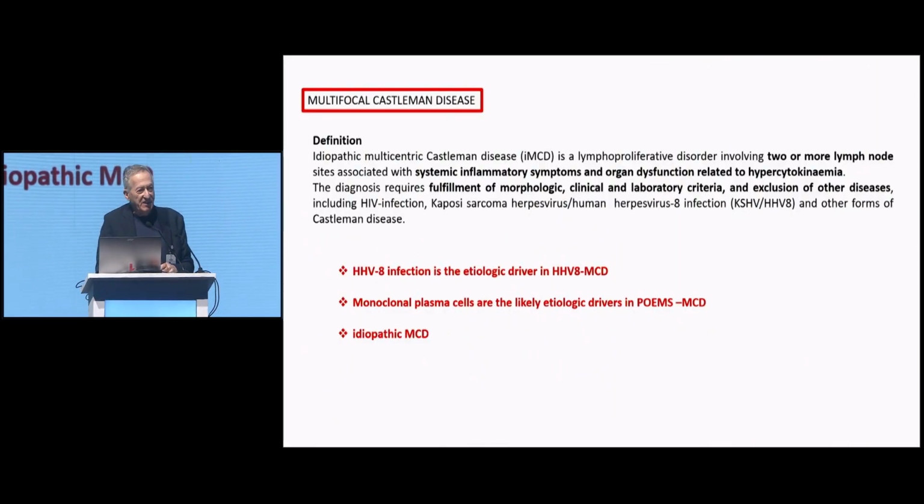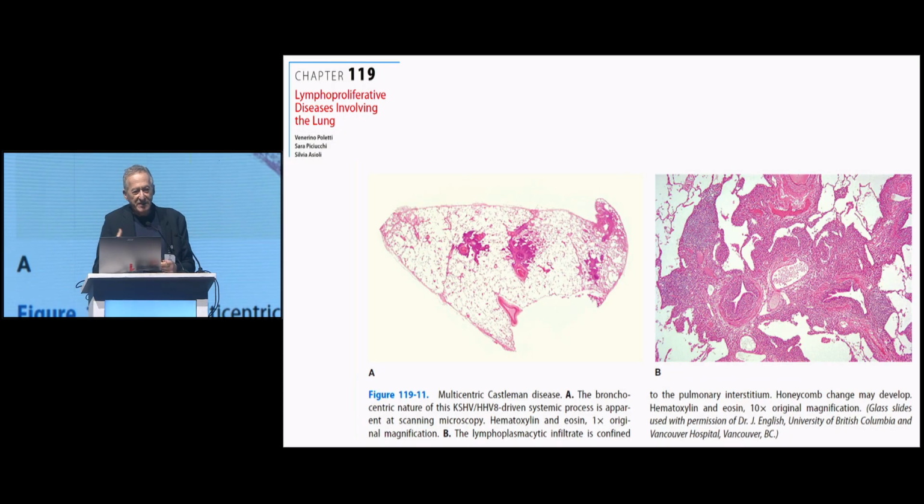Multicentric Castleman disease is another, completely different entity. Its distribution in the lung is typically perilymphatic.